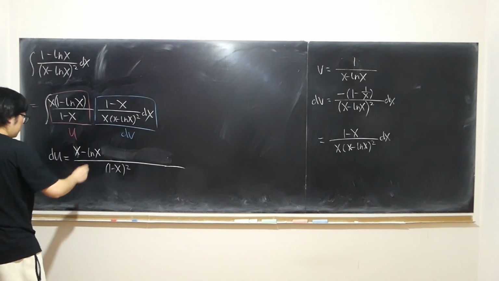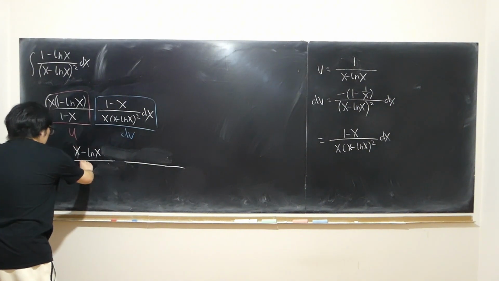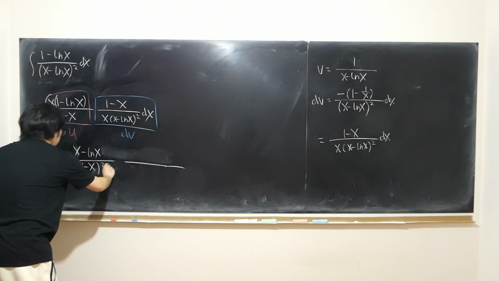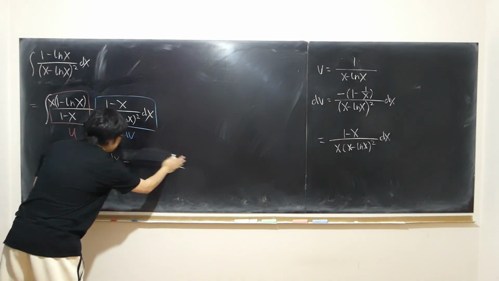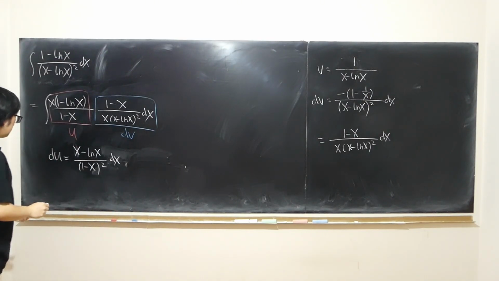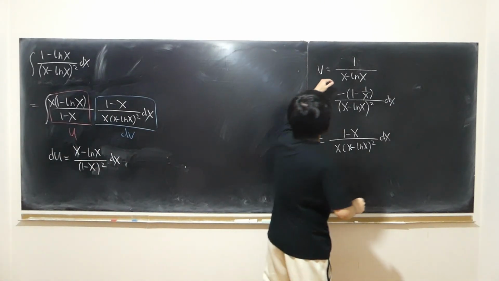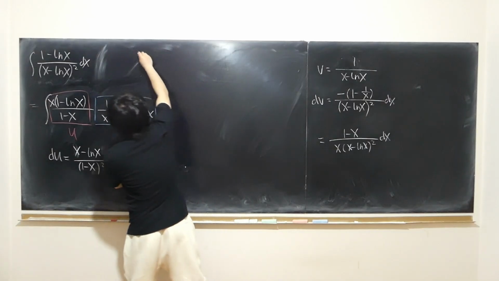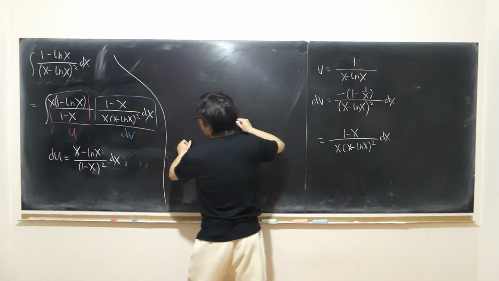That is 1 minus x squared dx. So that's u, du, v, dv. So I can just rewrite u times v.